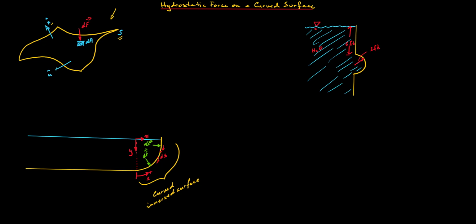The hydrostatic force on an elemental area would be defined, as before, as dF equals minus P, the local pressure, multiplied by the outward normal. You have the negative sign here because the outward normal is in the opposite direction to the pressure force, which is always acting against the surface.